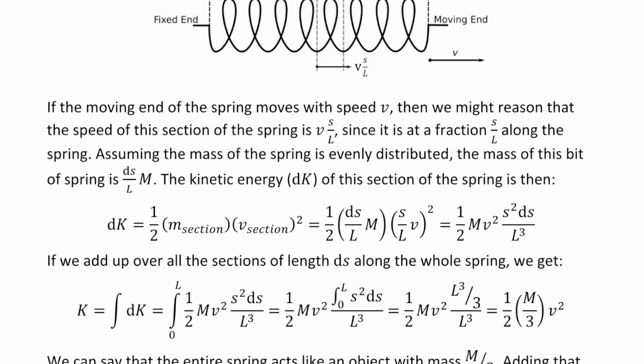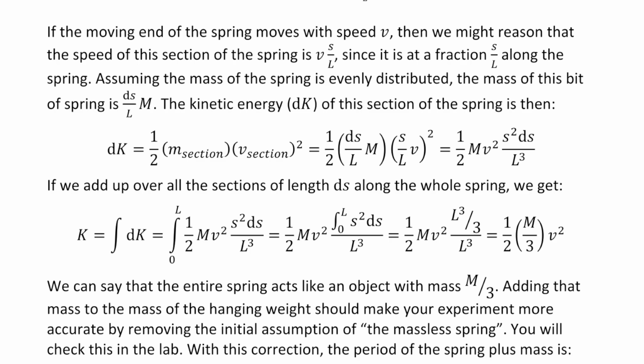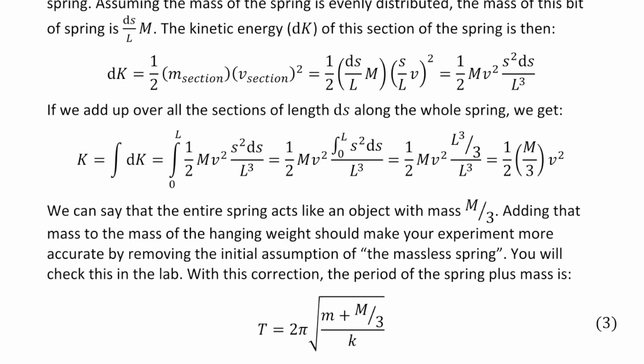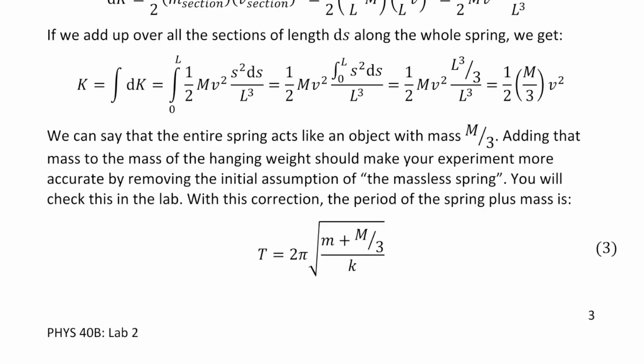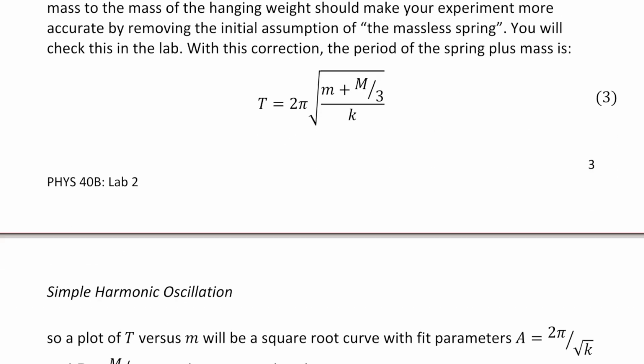And then they just integrate that over the entire length of the spring, and they find that we have 1/2 M over 3 v squared. And so the important thing to know from this is just that in our period equation, we just add on M over 3, where capital M is the mass of the spring.